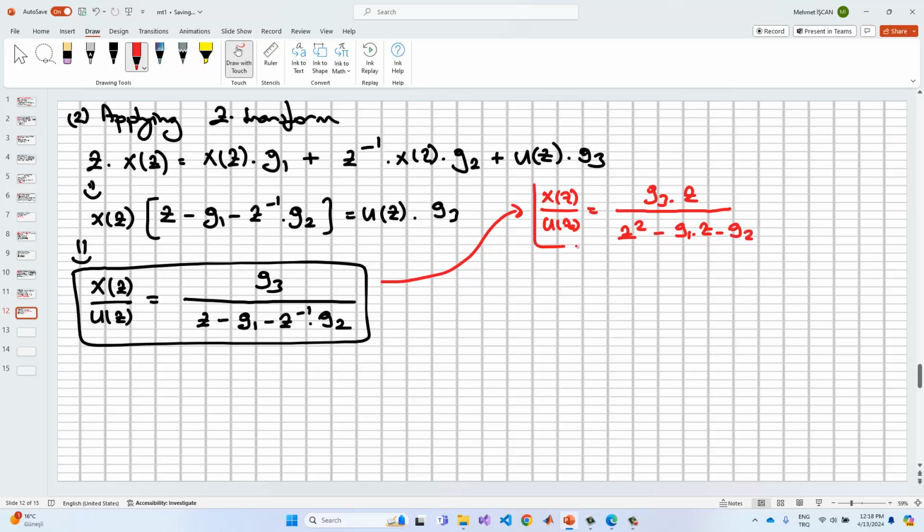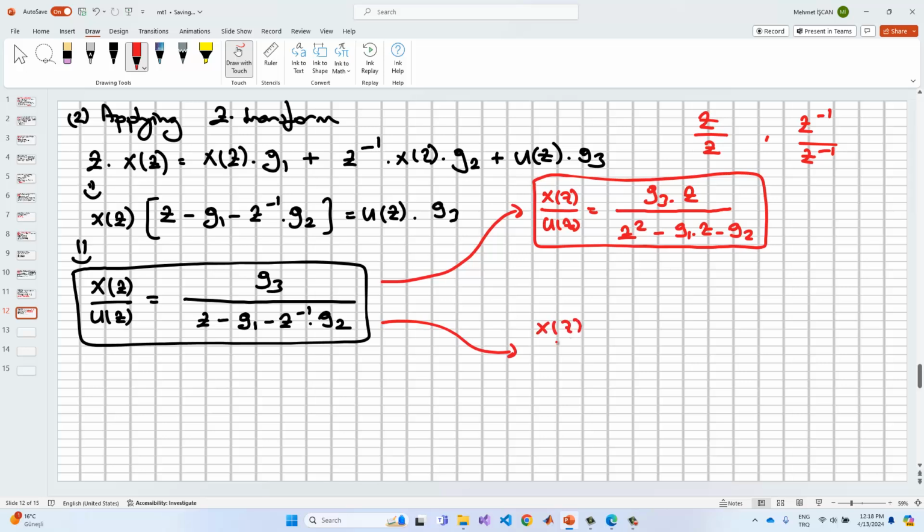In this case, we can multiply this equation with z and divide by z. Mathematically, it cannot change anything in the equation. Or we can multiply the equation by z to the minus 1, z to the minus 1, just like this one.